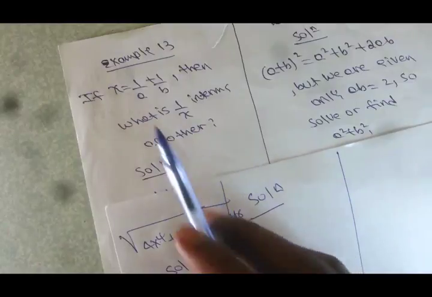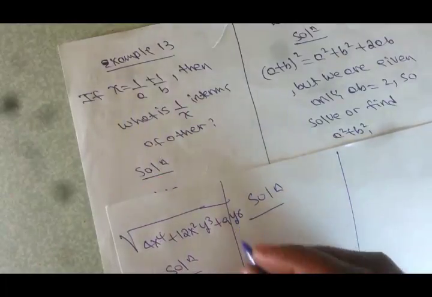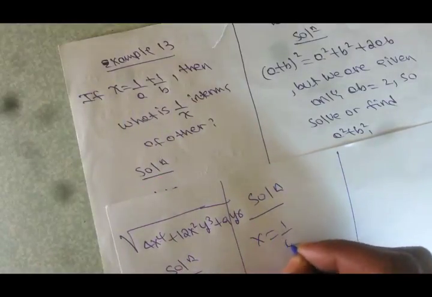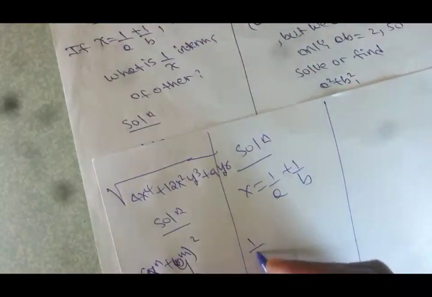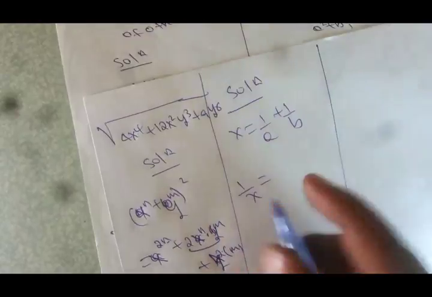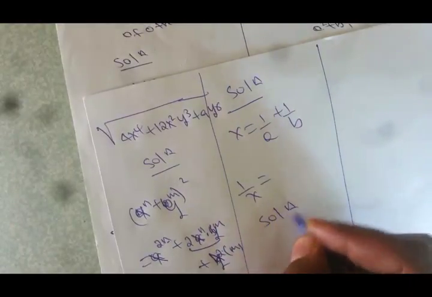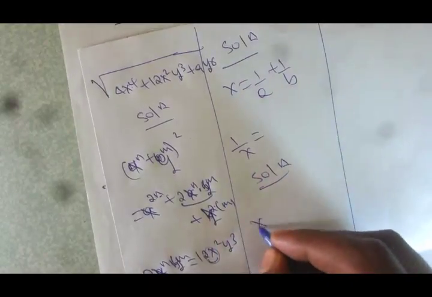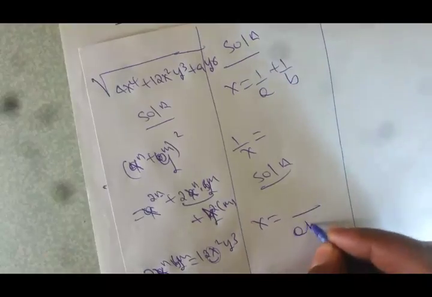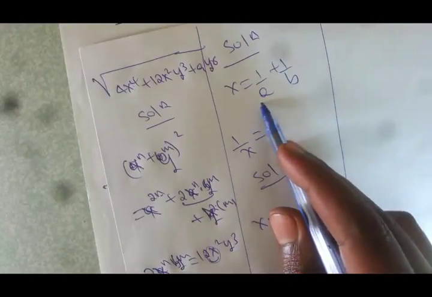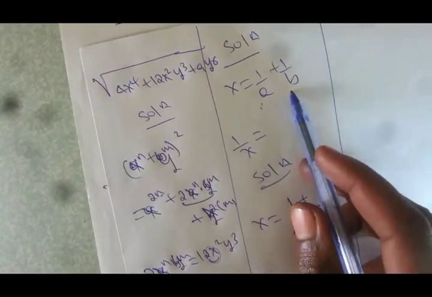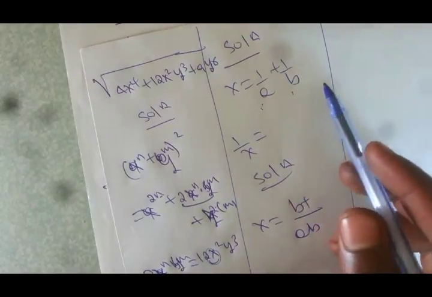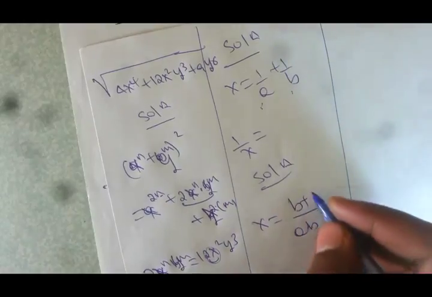We are given example 5: if x is 1 over a plus 1 over b, then what is 1 over x in terms of a and b? First, let's write x with ab as common. When ab is divided by a, b will be left, so b times 1 over ab, plus when this is divided by b, a will be left, so a times 1 over ab.